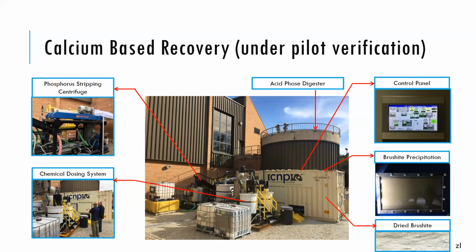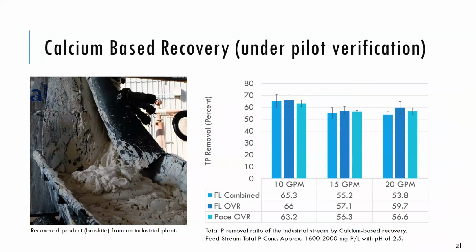The take-home message we learned from the effort is it is actually designed to recover very high concentration of phosphate from a low pH stream. So yeah, it's a very interesting process and can be very effective for that condition. Next slide, please. As here you can see, the recovered product of brushite is quite different.